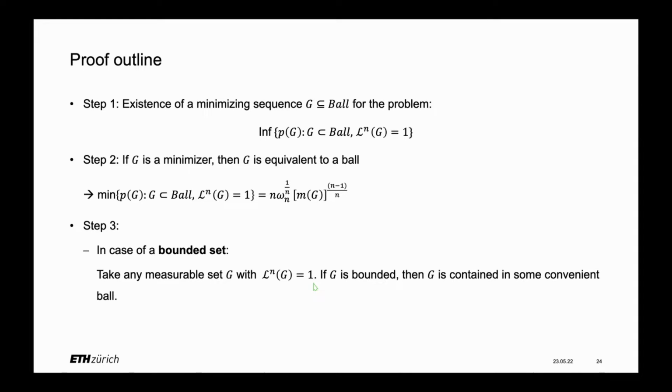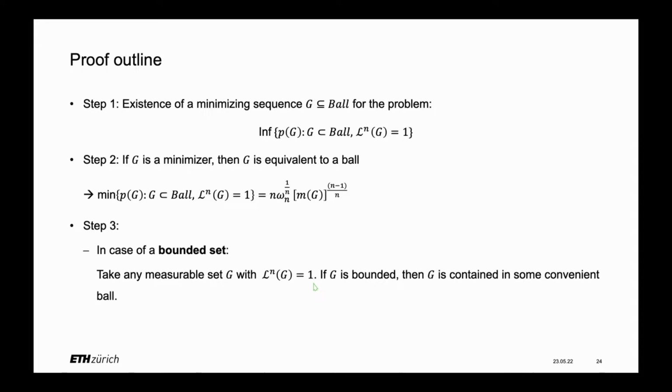In step 2, what we've seen is that if G is a minimizer, then G must be equivalent to a ball. What that means is that the minimum of the perimeter of G, where G is contained in our ball and the measure of G is equal to 1, must be equal to n omega n to the power of 1 over n times the measure of G to the power of n minus 1 over n.